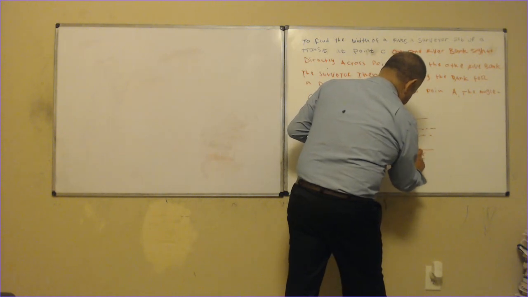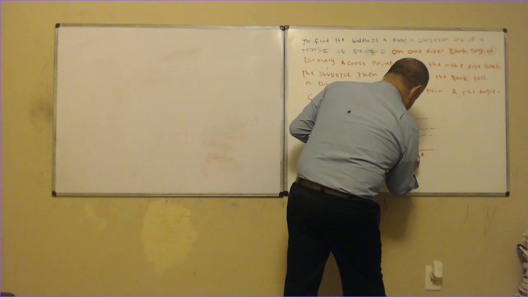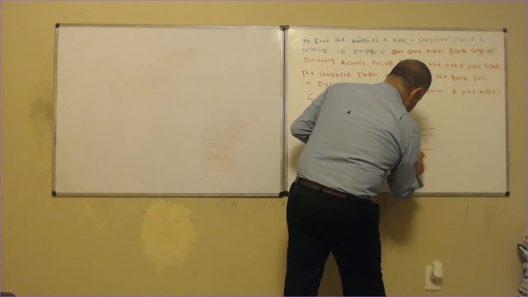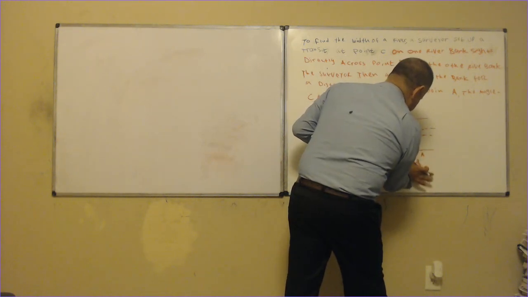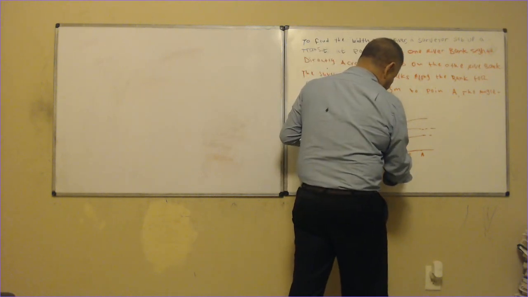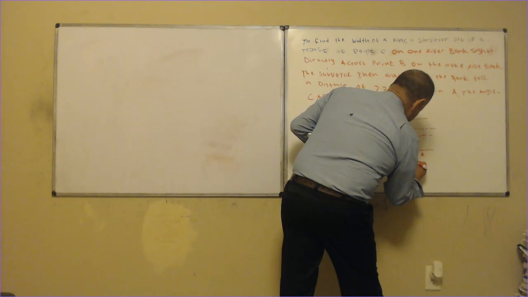This distance when the guy walked across the bank from C to A is 275 meters.